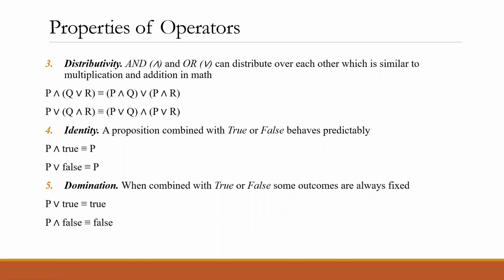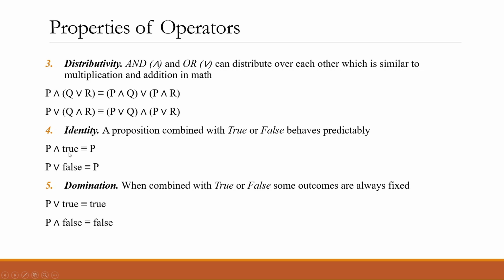Distributivity. AND and OR can distribute over each other, which is similar to multiplication and addition in math. So here we can use distributivity to open the parentheses. P and (Q or R) is equivalent to (P and Q) or (P and R). Identity. A proposition combined with true or false behaves predictably.